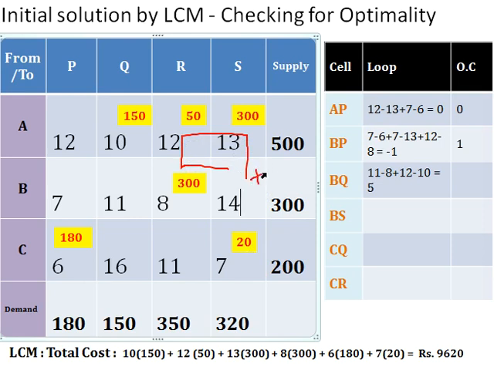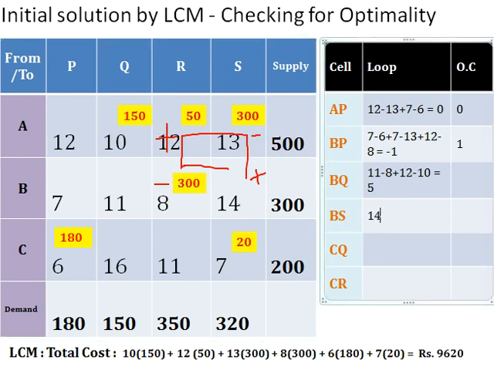So we have started from here: plus, minus, plus, and this one is minus. So again we can calculate 14 minus 13 plus 12 minus 8, and that will be equal to 5 again. And when we multiply with minus 1, we have opportunity cost minus 5. Similarly here we have minus 5.